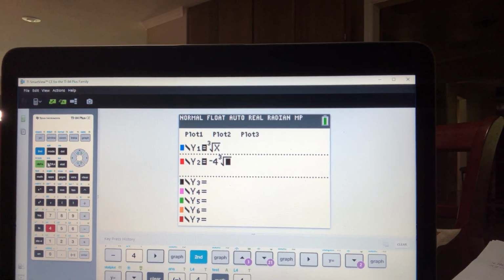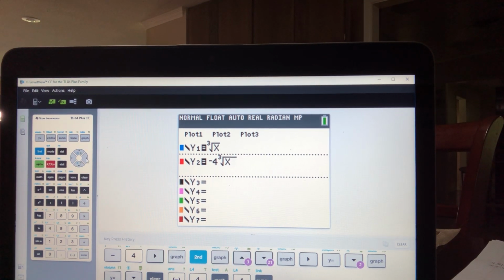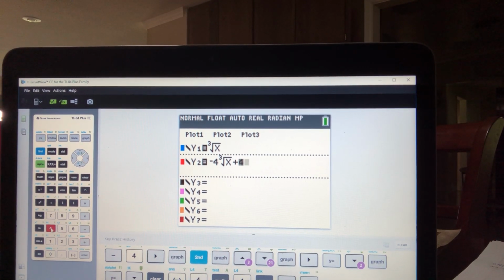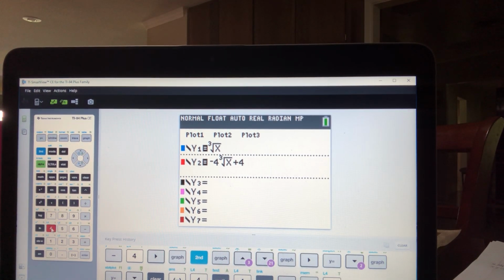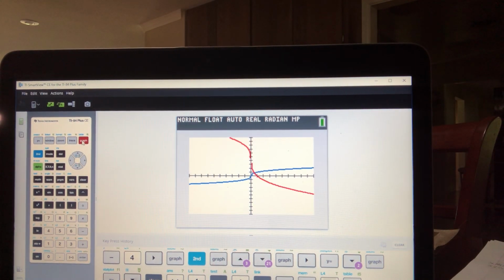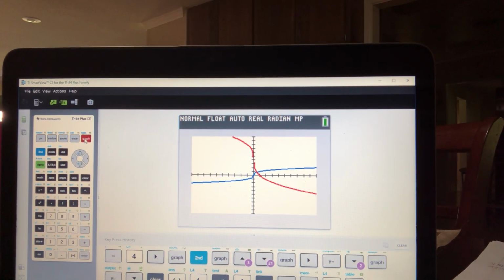So I'm going to put the x in there, but use the right arrow to get out of the radical, and then put +4. If you have a different style calculator than I do, you may need to put the x in parentheses and then close off the parentheses before you put the +4. Okay, so this would be the graph that should appear on your screen.